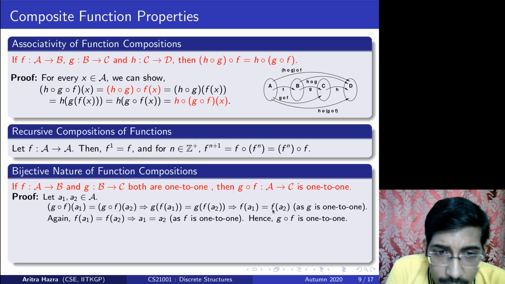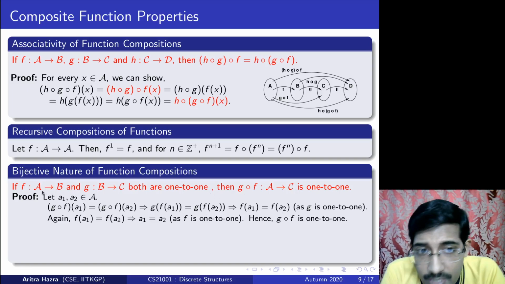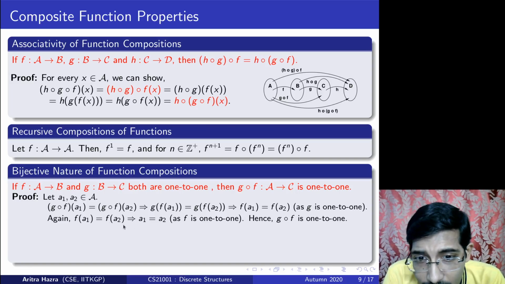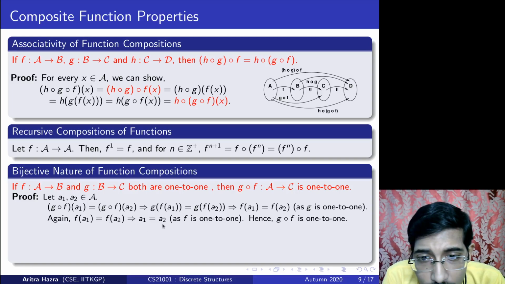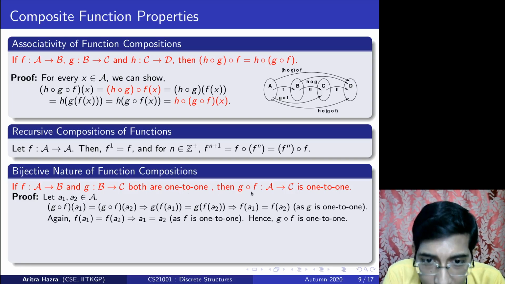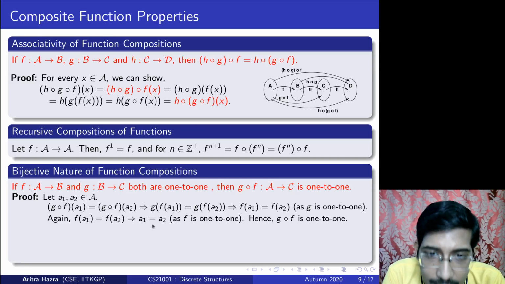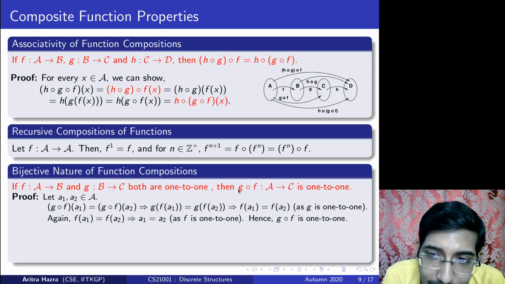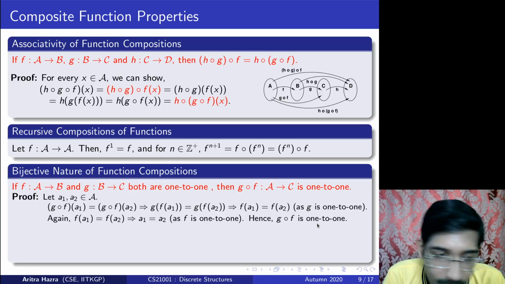Now f of a1 equal to f of a2, since f is 1 to 1, the similar notion we can propagate and say a1 equals a2. So hence I got that two elements from A with the same image under GOF are the same. It means that two different elements from A cannot be mapped to the same element by GOF. So it's 1 to 1.